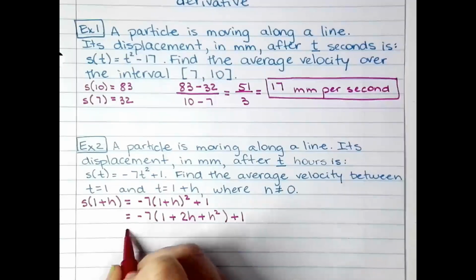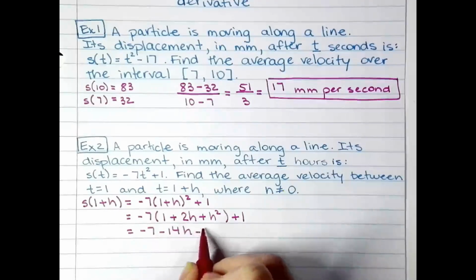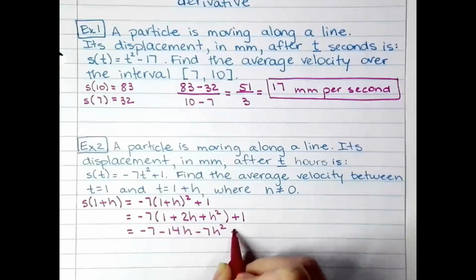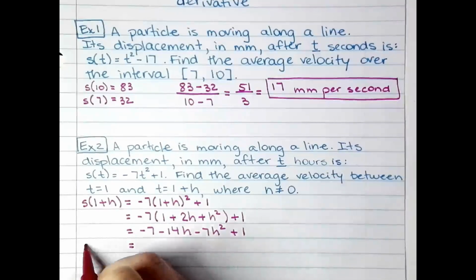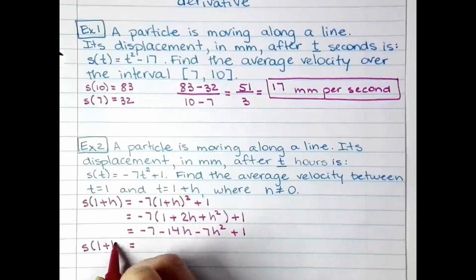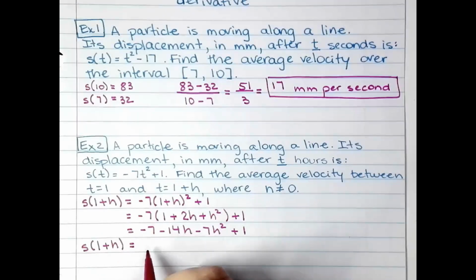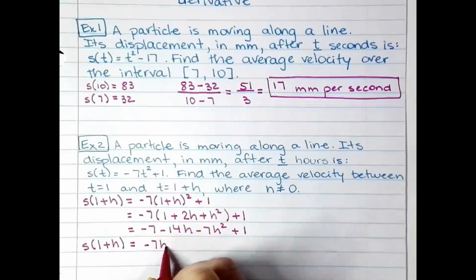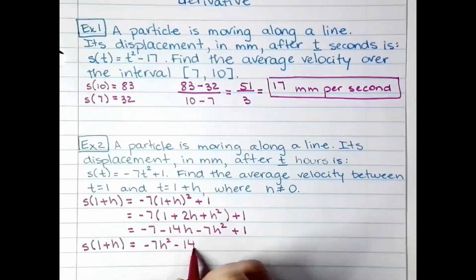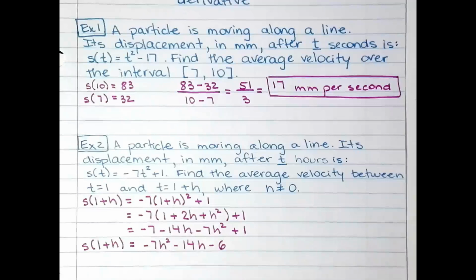Distribute the negative 7. Combine like terms. So I can combine these two. And I'll go ahead and put everything in order, just because that's what I like to do. You don't have to, but it just looks better that way.